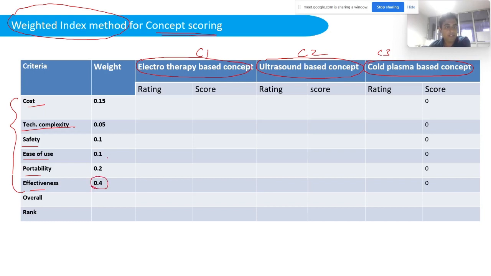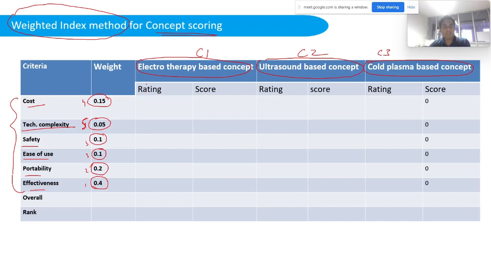Portability is also given a very high weightage, and the third highest weightage is given to safety and ease of use. Technology complexity we don't care much about; cost is okay, we give it some priority. Technology complexity is not an issue, so only 5% weightage is given to it.